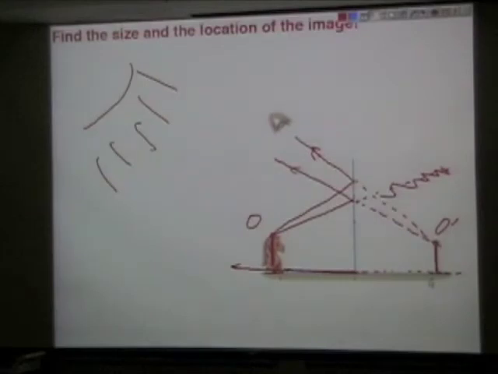The first fact, for the plane mirror, the size of the image equals the size of the object. And second fact, for the plane mirror, if the object is upright, the image is upright. So the plane mirror doesn't change the orientation, keeps the orientation.